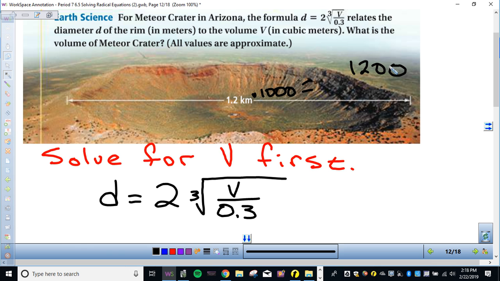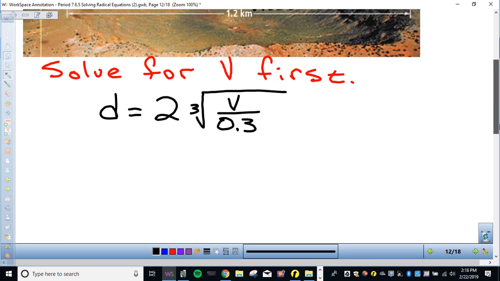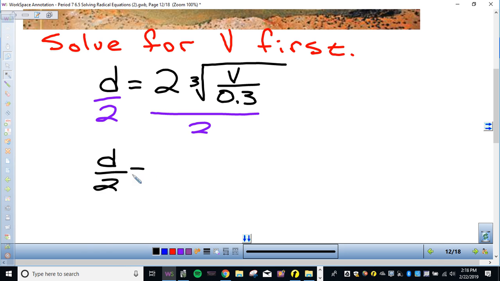I'm going to solve this for V first because I want to know the volume before I plug the number in. If you want to plug the number in first, go for it. They're similarly challenging, so it doesn't matter which way you do it. I'm going to solve for V by dividing by 2 first. So I get D over 2 equals cube root of V over 0.3.